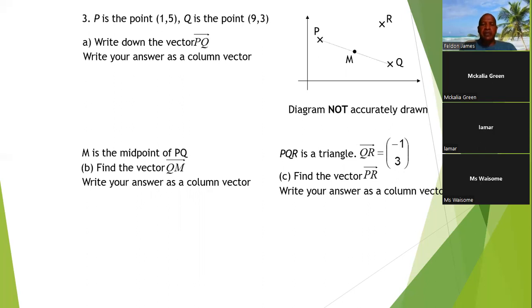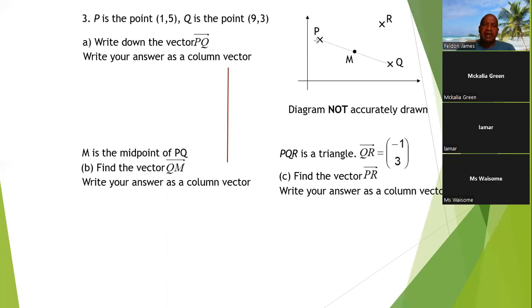One of the best ways of dealing with vectors is to sketch your coordinates on an X and Y axis. So I would suggest that what you want to do first is quickly sketch your X and Y axis and your points.